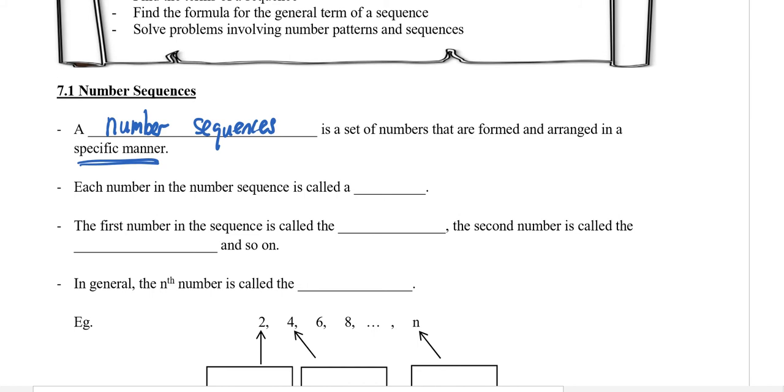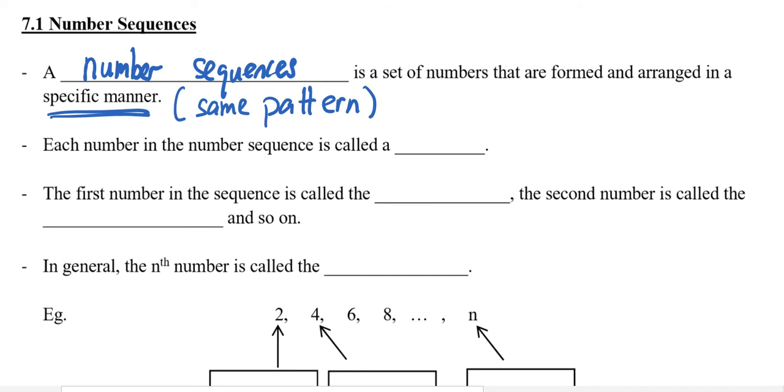Specific manner means there is the same pattern. Okay, same pattern. So a number sequence is a set of numbers that are arranged in a specific manner.